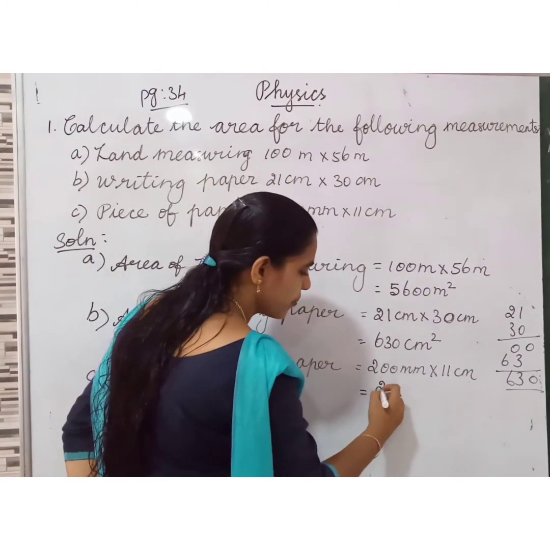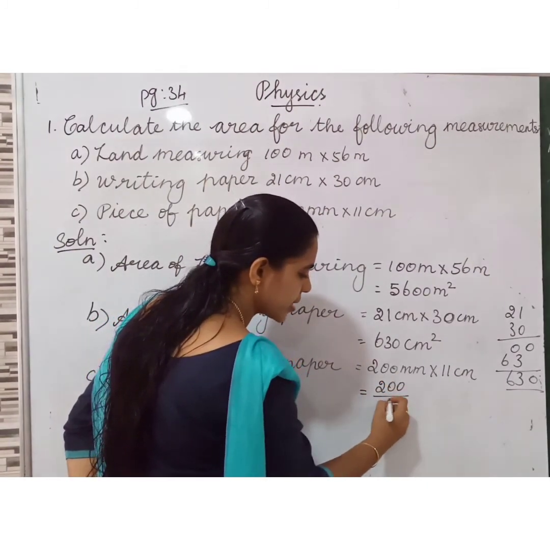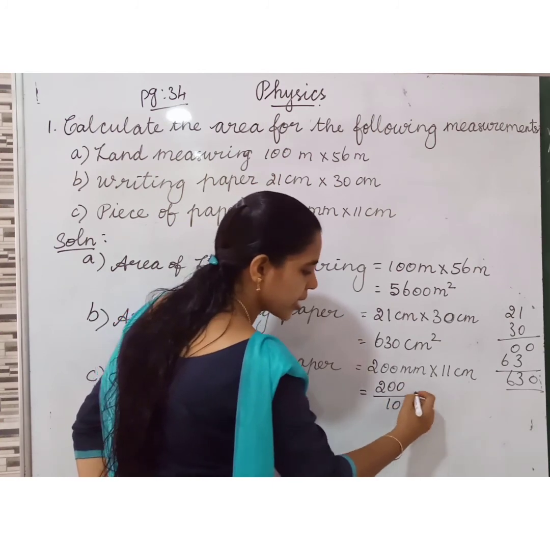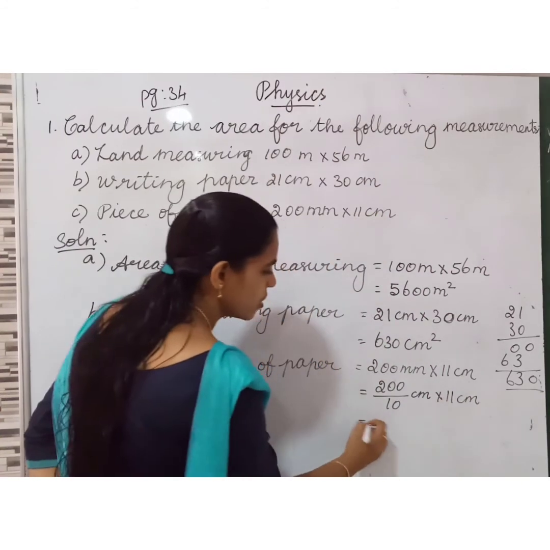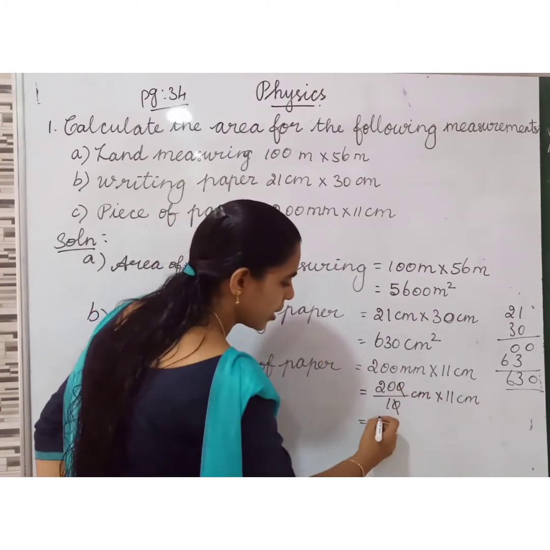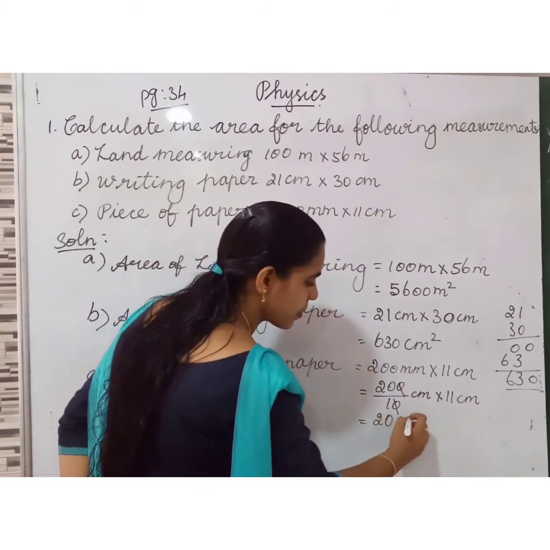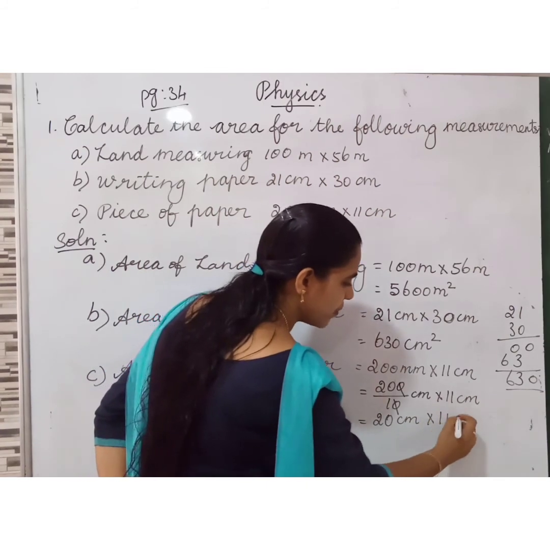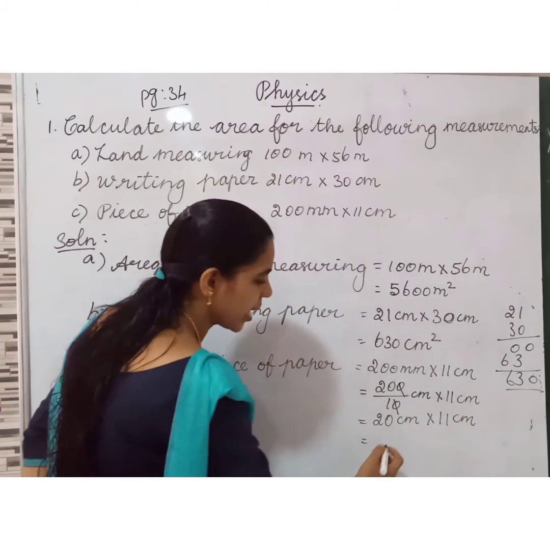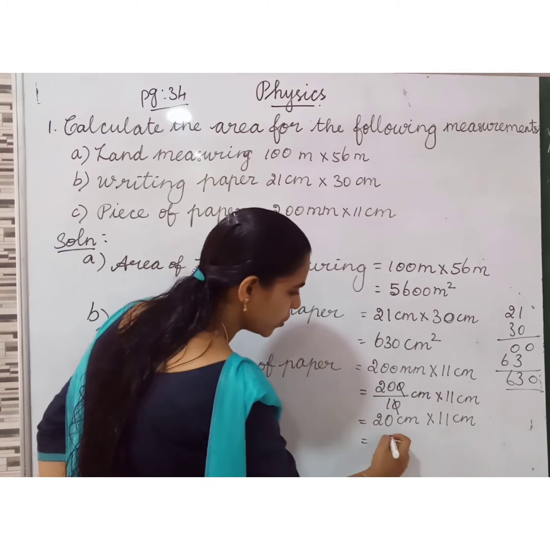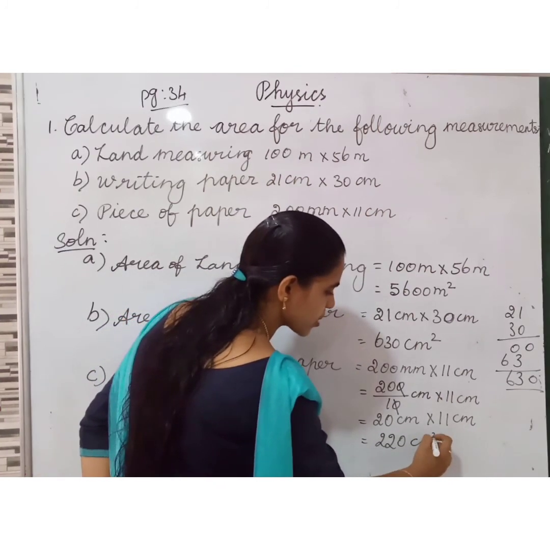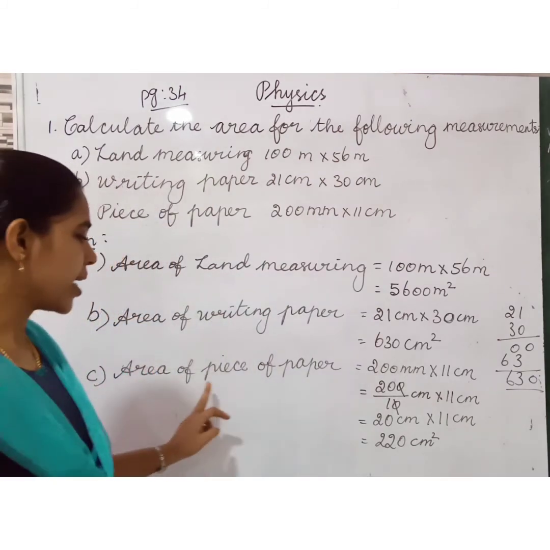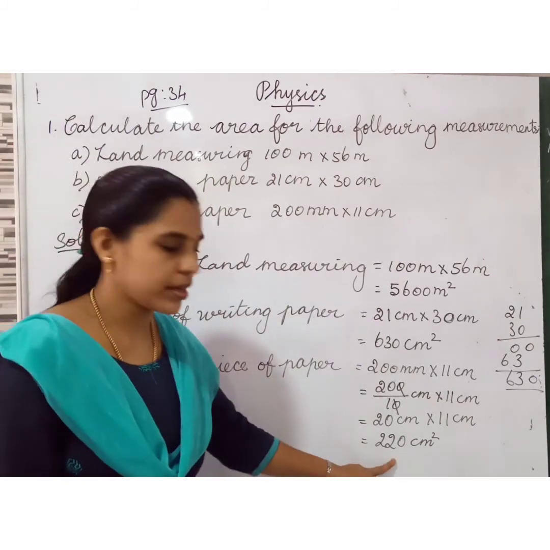For that, we have to divide by 10. 200 by 10 centimeter into 11 centimeter, so 20 centimeter into 11 centimeter. So what is the answer now? 220 centimeter square. This is the area of the piece of paper.